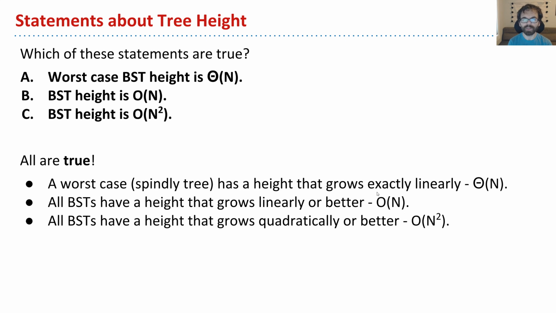Recall that big O you could think of as less than, whereas theta you could think of informally as equals. Lastly, we have that BST height is big O of n squared. This might seem puzzling at first, but remember that big O informally means less than or equal. So we know that all BSTs have height that grows quadratically or better.